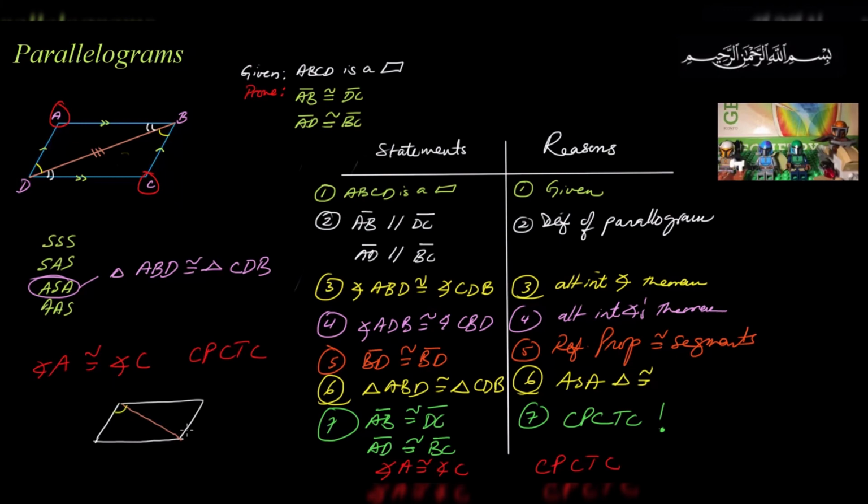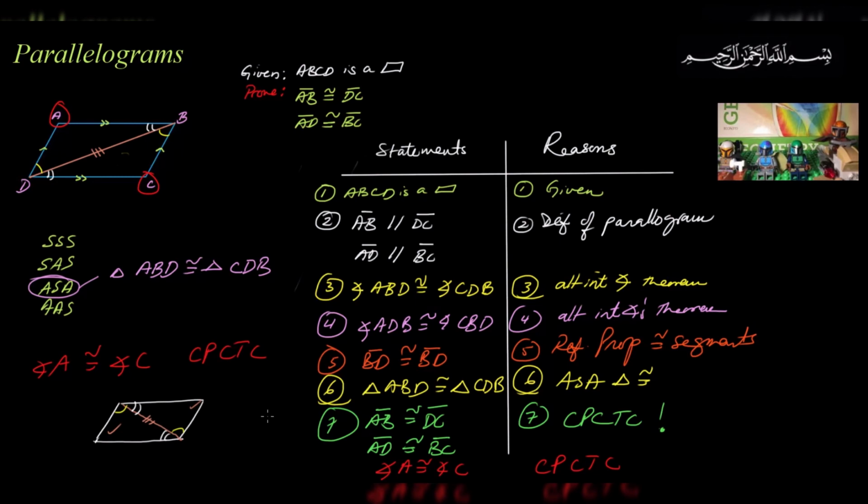So you have these alternate interior angles, and then these are also alternate interior angles, and then you have one side that's shared between them, and then you have angle side angle, ta-da! And then you can prove these 2 angles to be congruent. So you can just draw the other diagonal and go through the same process. It just so happened that I drew that particular diagonal.